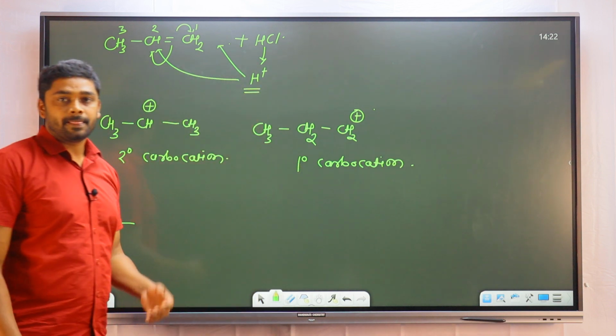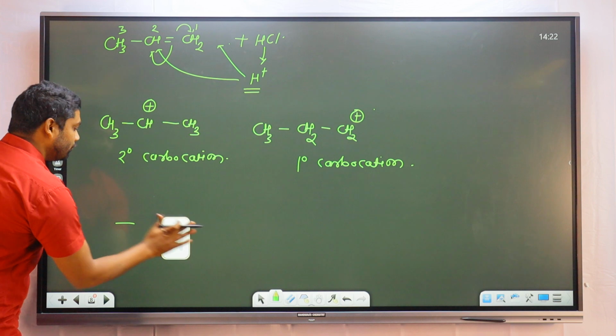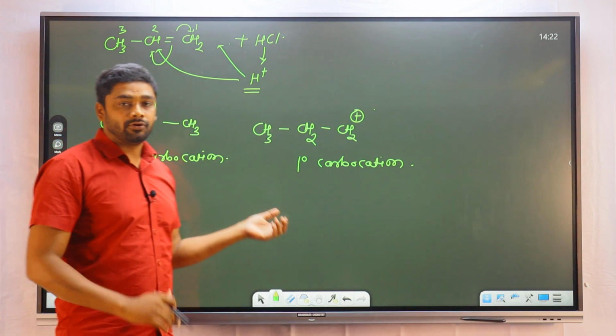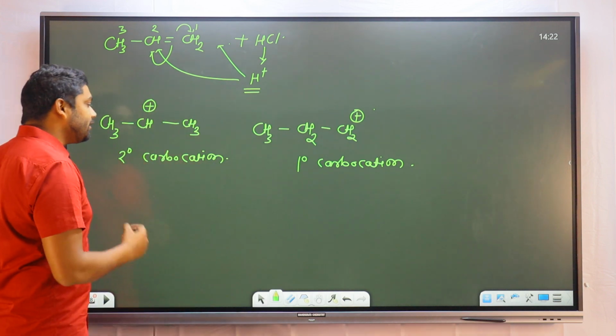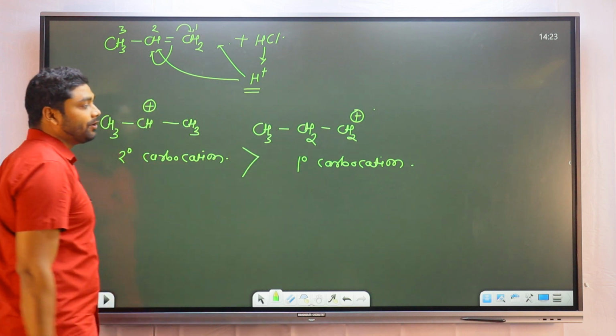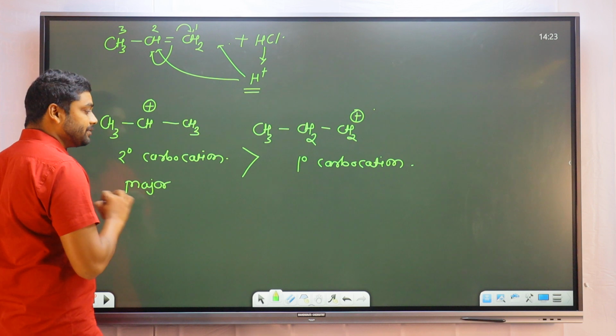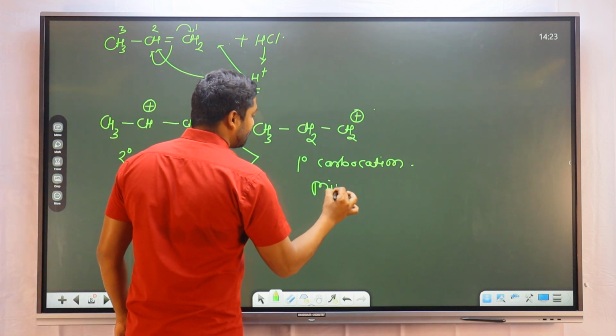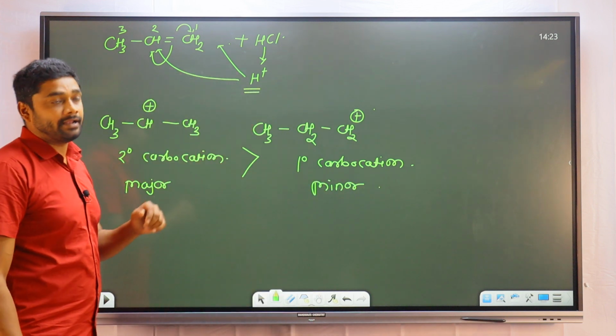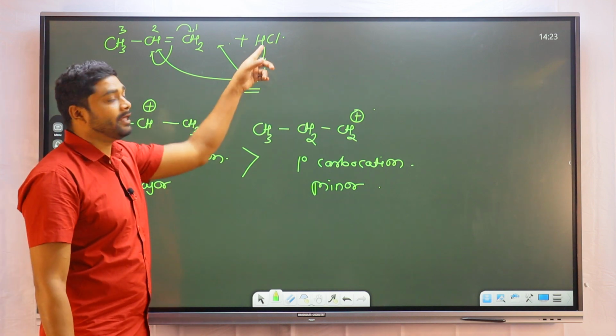A minute before I told you that the secondary carbocation is more stable than a primary carbocation, and that's why this carbocation formation is major and this carbocation formation will be minor.